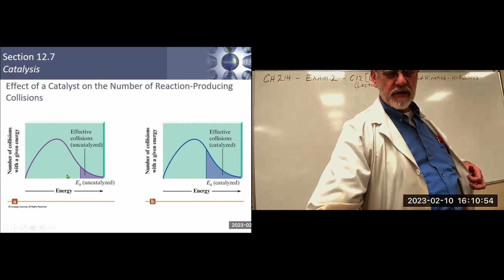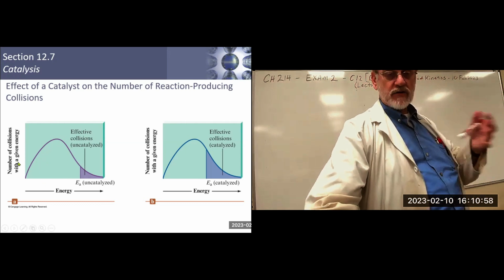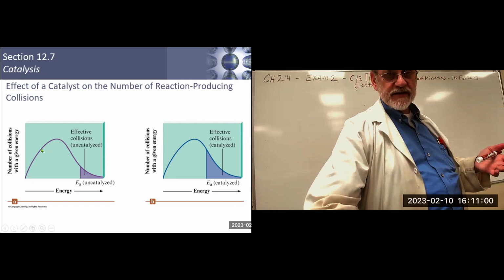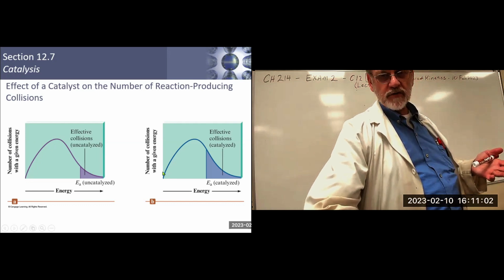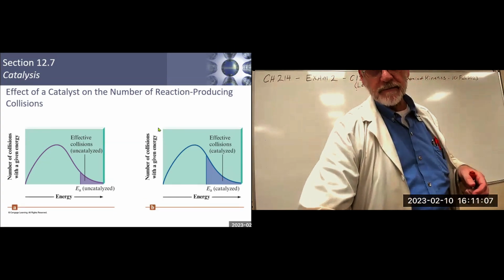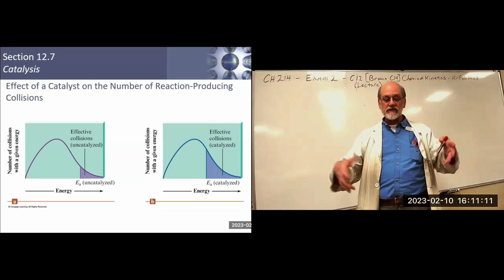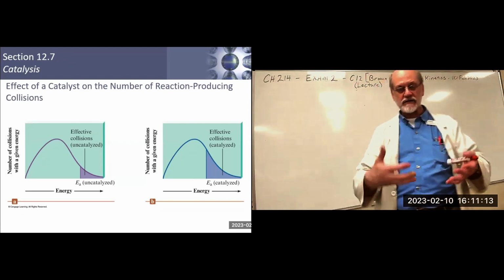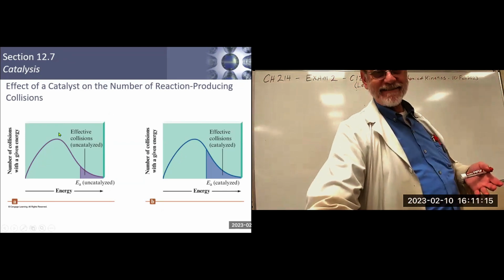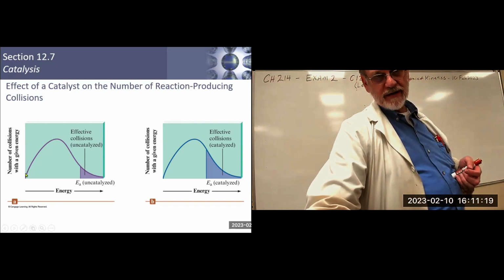The plot on the left shows the number of collisions with a given energy, right? And this is the same curve on both charts, exactly the same. So that means they're at the same temperature, and you have the same spread of energies for all of the reactants. Okay, so the energy increases from left to right.